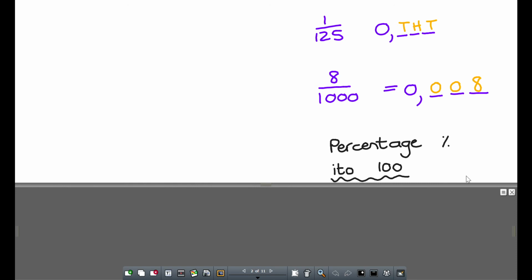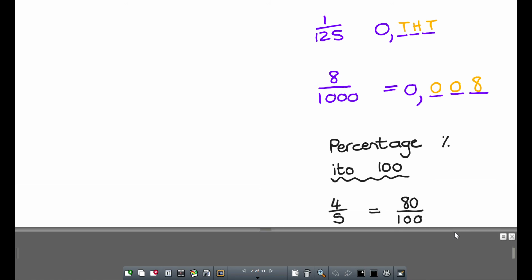Meaning when we've got to write a decimal as a percentage, we always want our denominator to be 100. So 4 over 5. I could have made it 10, but because we're working with percentage, I have to make it 100. So now I'm going to say times 20 to get that 100, and I also multiply with 20 at the top to get the 80.